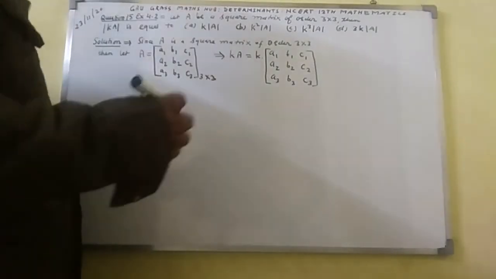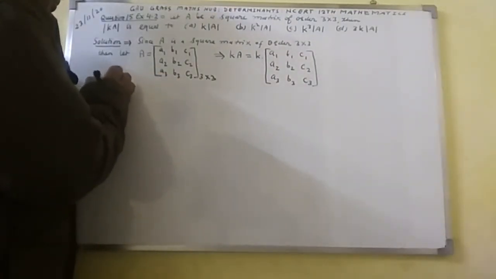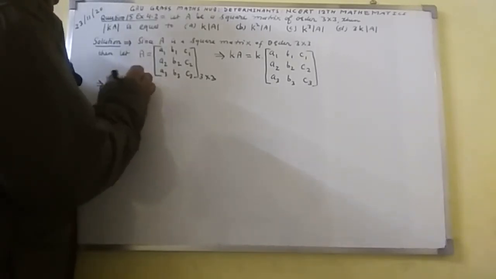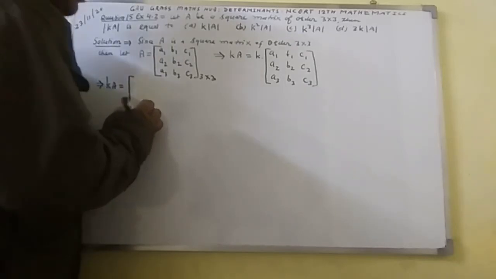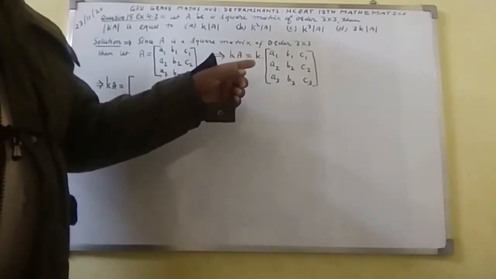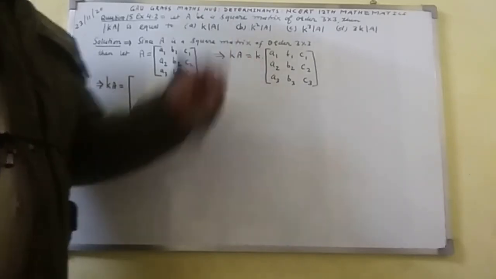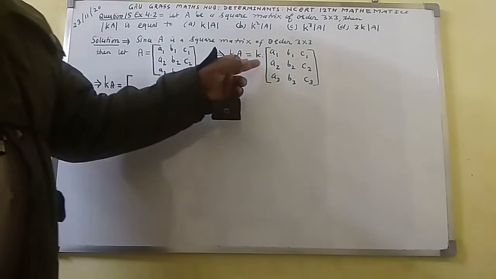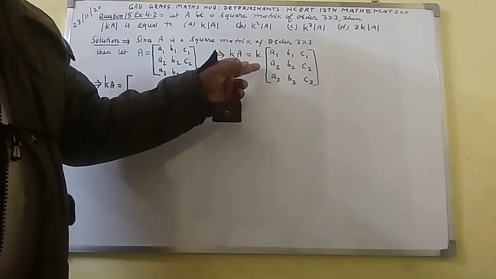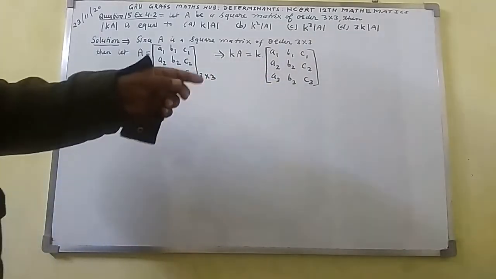Then kA is equal to the matrix in which small k is multiplied to the square matrix capital A. In this case, each element of the square matrix A will be multiplied by k.